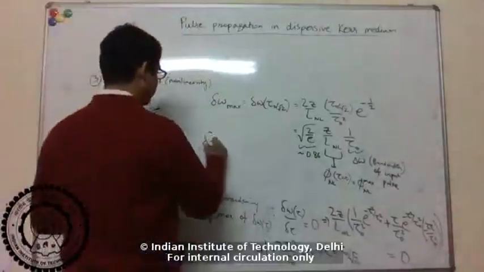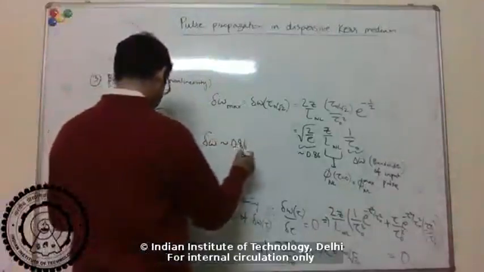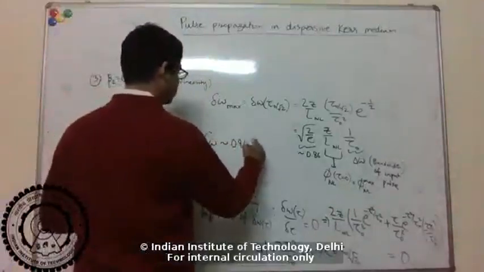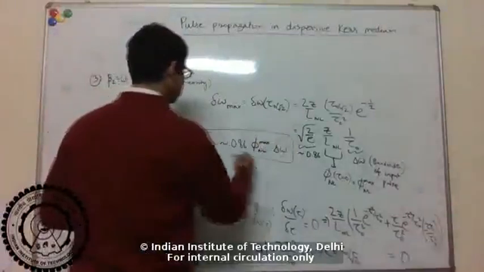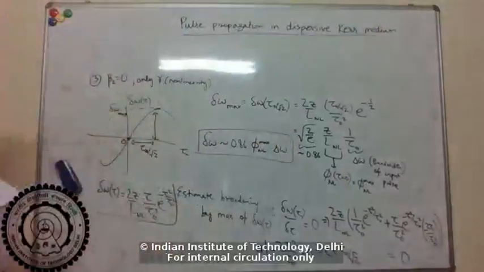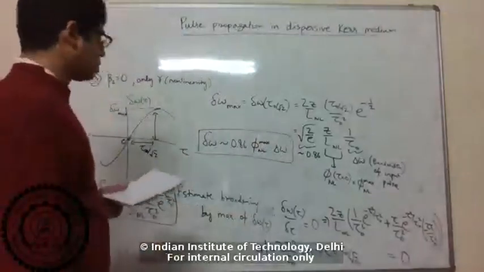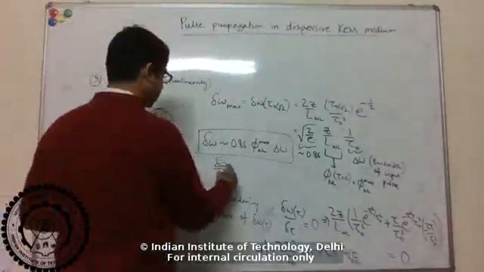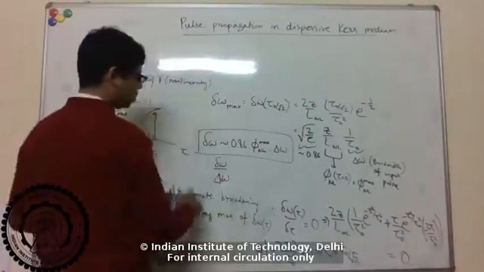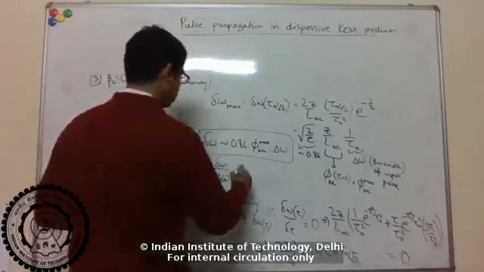So basically the broadening I can estimate as this constant times the maximum nonlinear phase shift in the pulse times the bandwidth of the pulse. Or I can say that the fractional broadening, my input bandwidth is delta omega, and the broadening is this small delta omega.